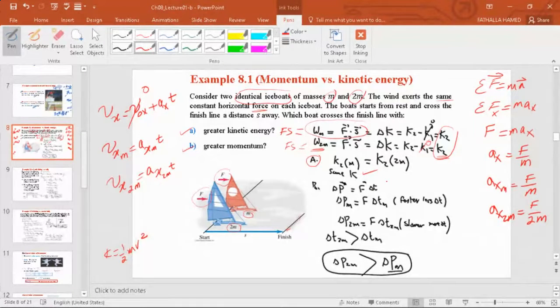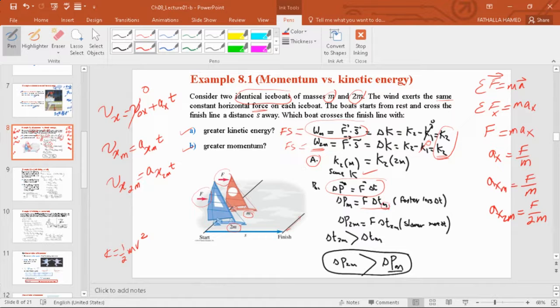If I want to look at change in momentum, and we already discussed that, we said that the change in momentum should equal the impulse, and the impulse is going to equal the force multiplied by delta t if we consider the force constant. In this case, it's a constant force. So the change in momentum will equal F delta t.